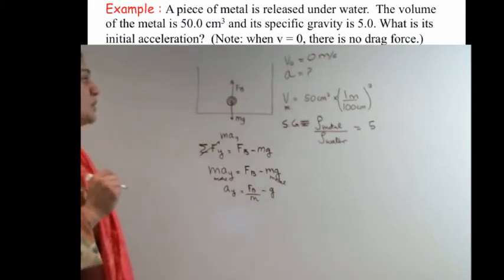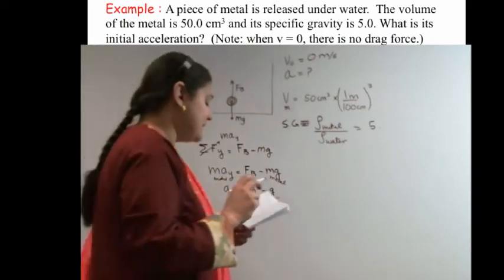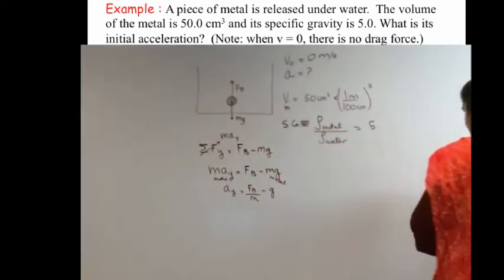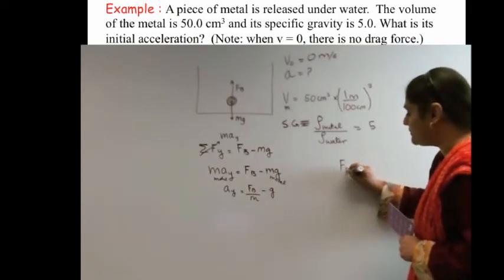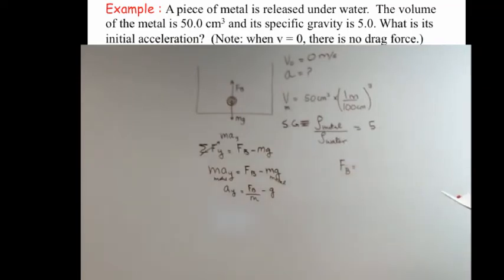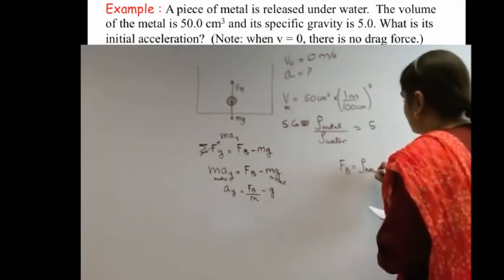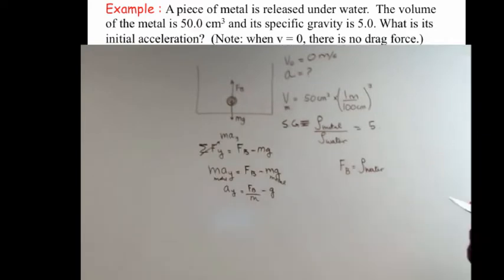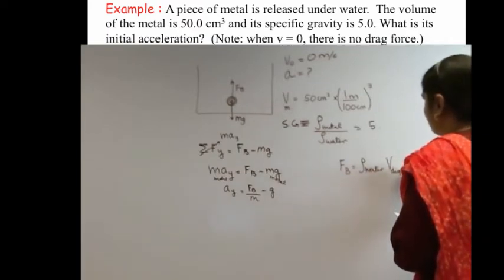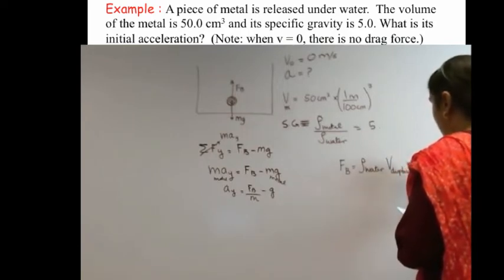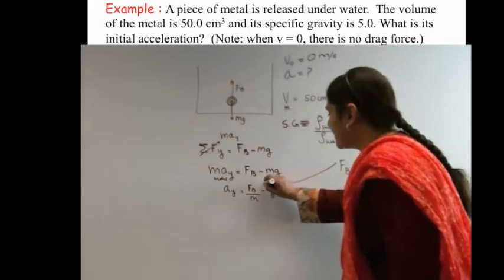Now the question is, what is buoyant force? Now here's what I think we need to do in order to solve this. So buoyant force, as I know from before, is equal to rho of water times V, the volume of the water displaced, times G. So I need to be able to plug that back into here.